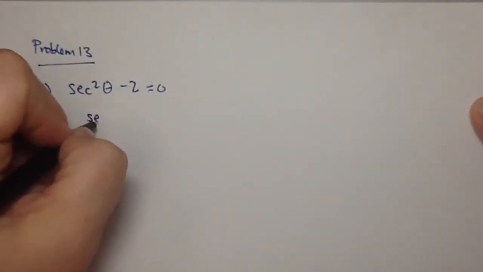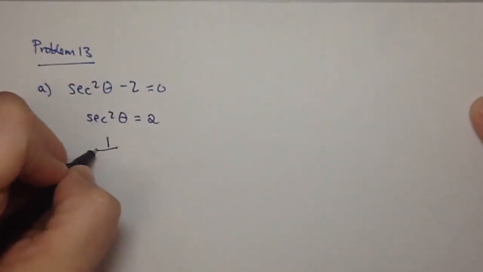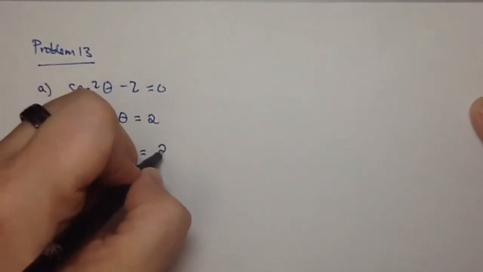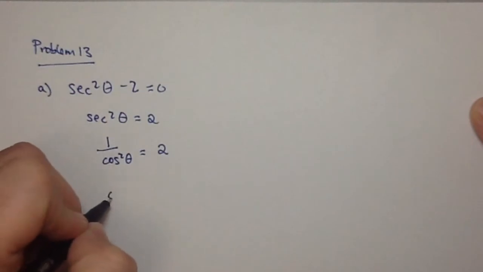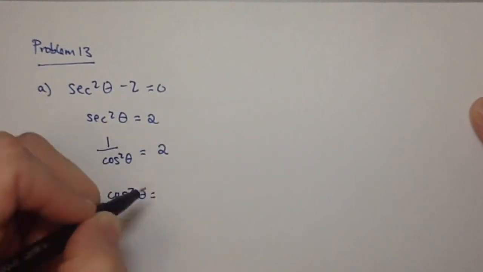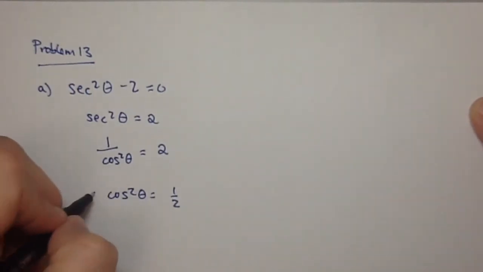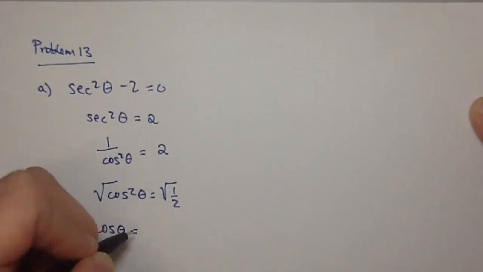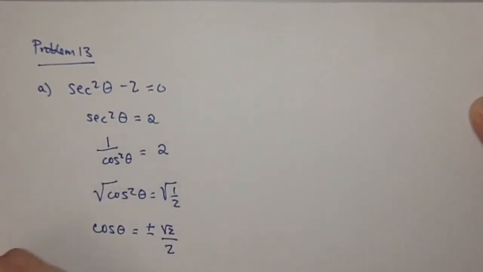So that means secant squared theta equals 2, or 1 over cosine squared theta equals 2. So cosine squared theta equals 1/2. So we take the square root on both sides. So the cosine of theta is plus or minus root 2 over 2.